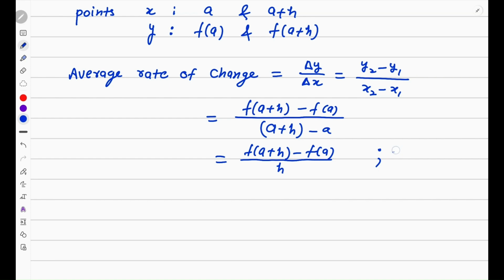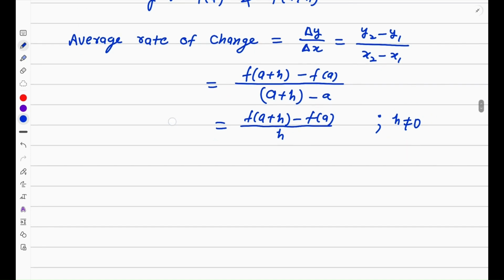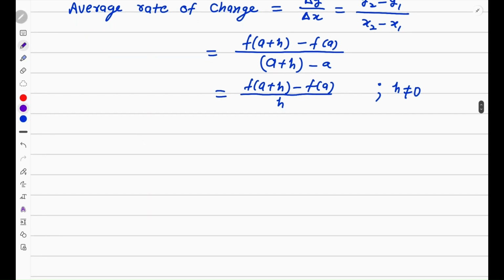Here one more thing, if h equals 0, this expression is not defined, because we can't define something which has a 0 in the denominator. So h must not be 0, otherwise the rate of change is not defined. And one more thing that we can note here, this expression is called the difference quotient.